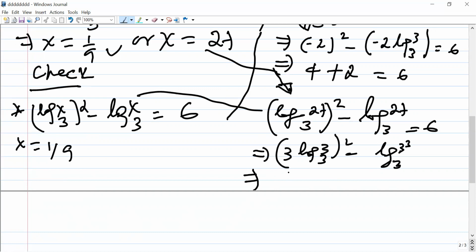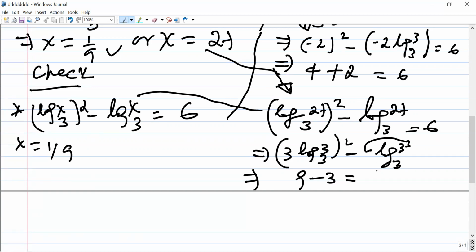Since log 3 to the base 3 is 1, 3 squared is left here, which is 9. And here, the 3 comes outside and multiplies the logarithm, so what is left is 3 times log 3 to the base 3, which is only 3.